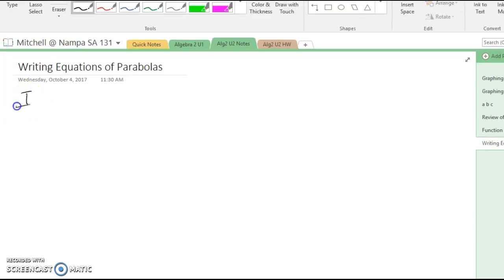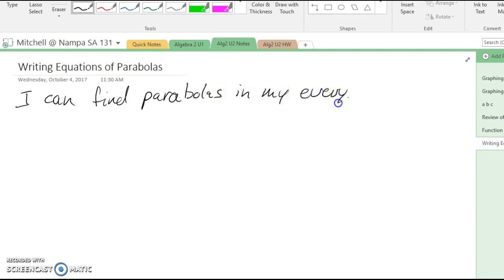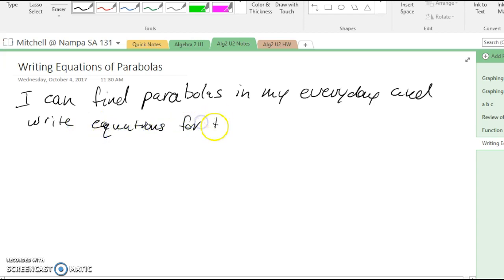And it is, I can find parabolas in my everyday life and write equations for them. Okay, so we need a parabola to do that.